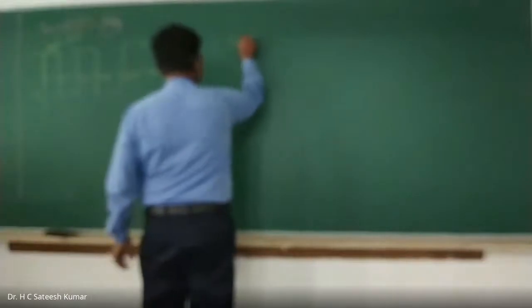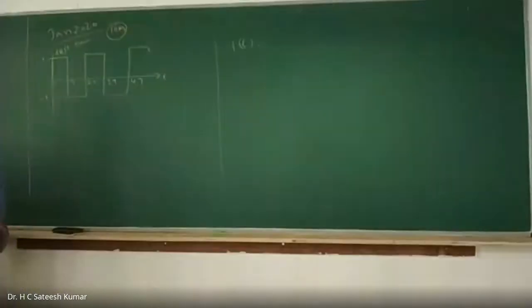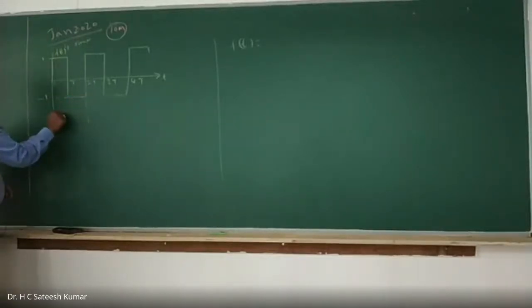So f of t we write in terms of the step function, up by 1 unit at 0. One cycle is one period, and that period is 2T.